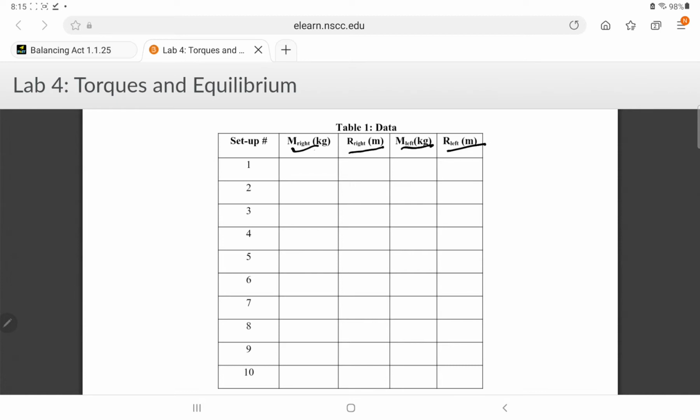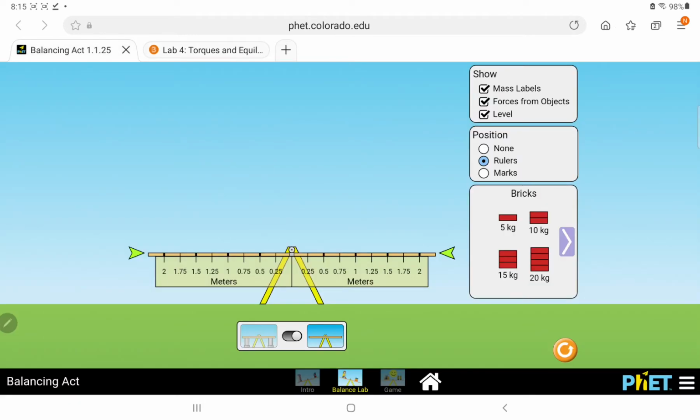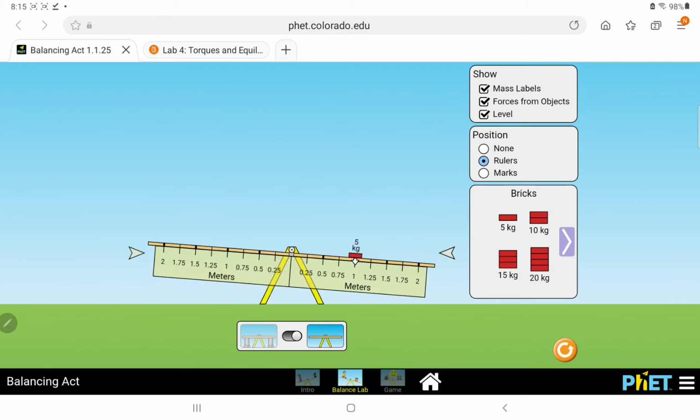Let me go back to the lab and put some mass. For example, this is the right, and this is the left. Let me put a certain mass on the right. Let me pick up 5 kg from here and put it here.